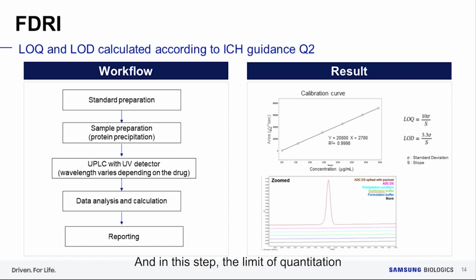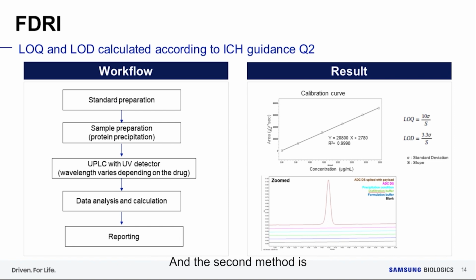And in this step, limit of quantitation and limit of detection will be calculated using several methods. First method is LOQ and LOD can be calculated based on the standard deviation of response and the slope of the calibration curve.